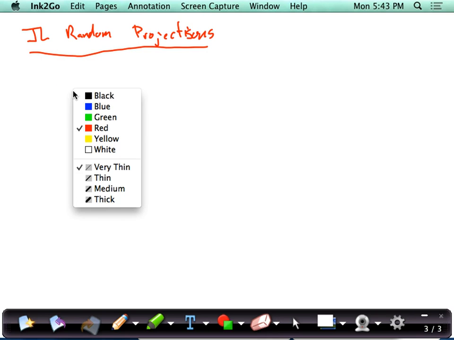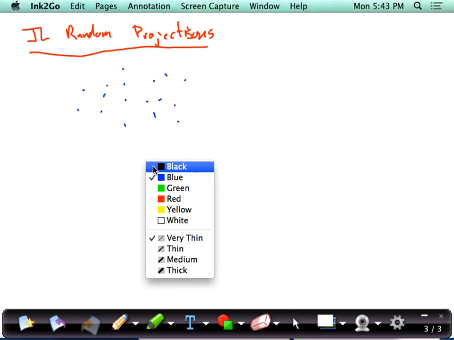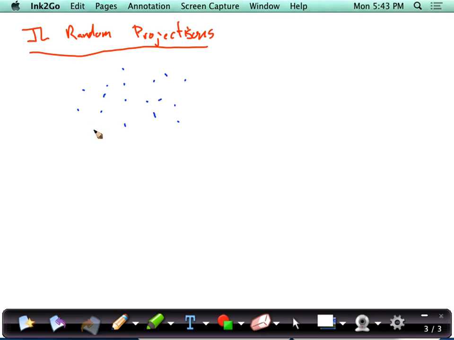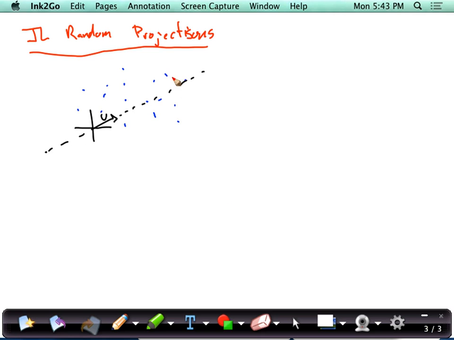The idea is we're going to have this data set, which might be in some high dimensional space, and we're going to choose some random vector. So if this is my coordinate axes, this is a random vector u, then I'm going to pick this random vector, and then I'm going to project each of these data points onto it.